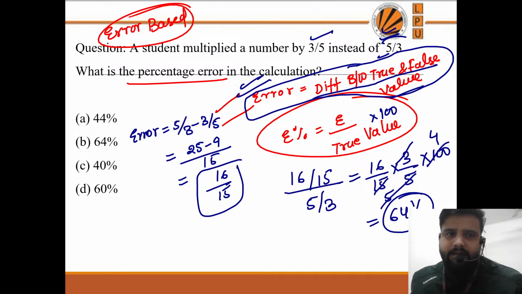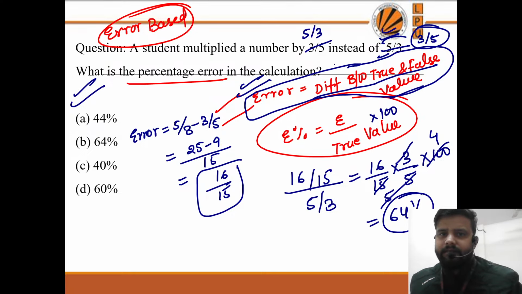In this question, you can correct it. I got it. What you are saying? Sumit is saying, in this question, I did something incorrect. So make it 5 by 3 and make it 3 by 5. Now the question is correct.